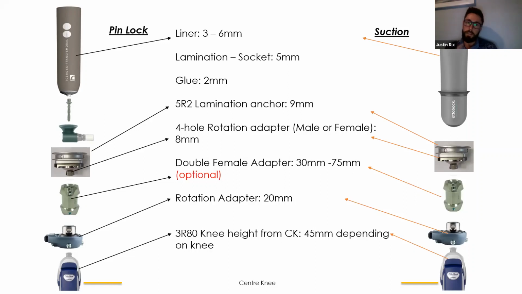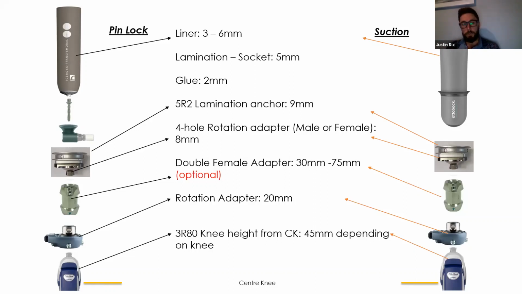So taking that into consideration, the thickness at the end of your liner, you then have to either fit in a lock, in the case on the left-hand side, or a lamination anchor and a rotation adapter. So all this adds space below the stump.